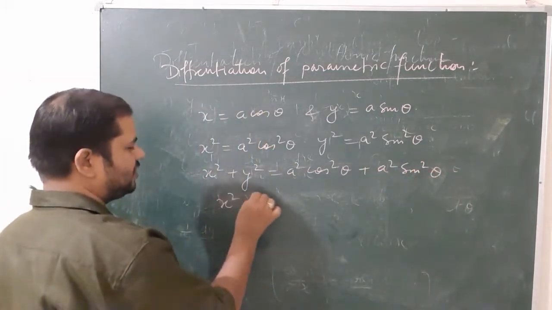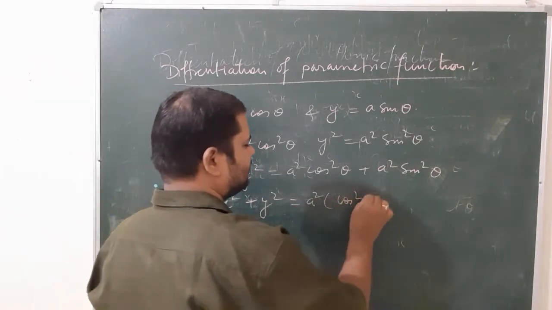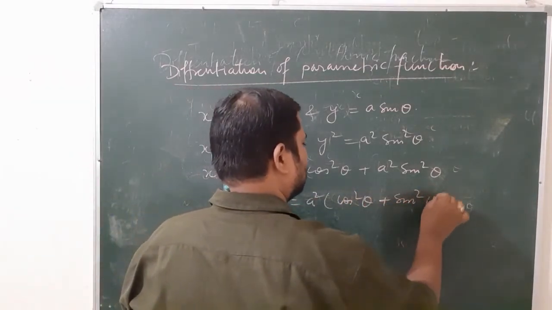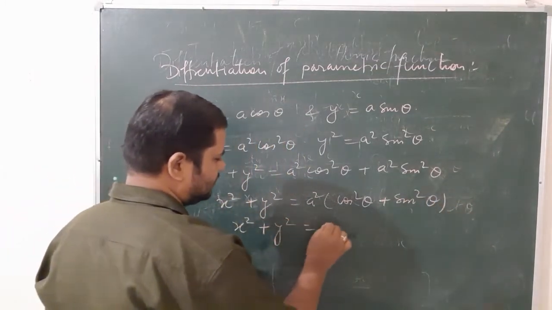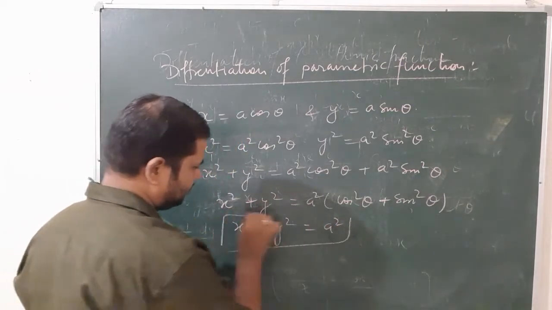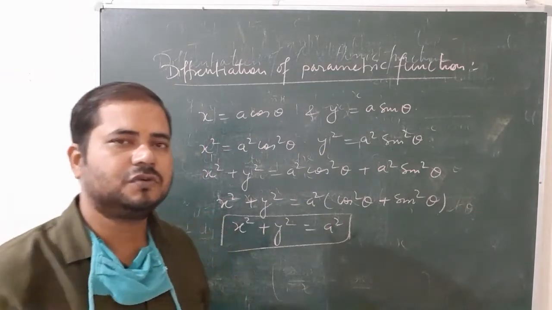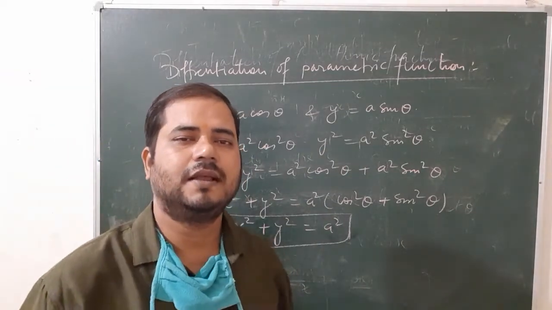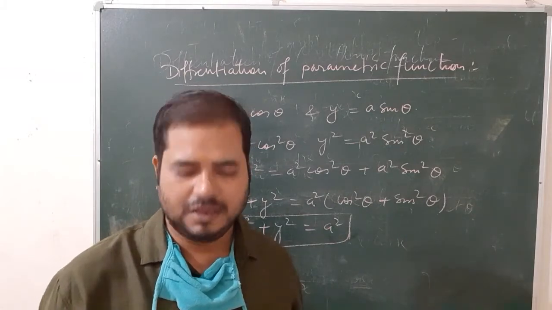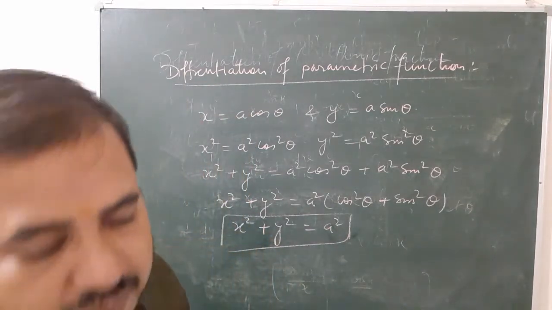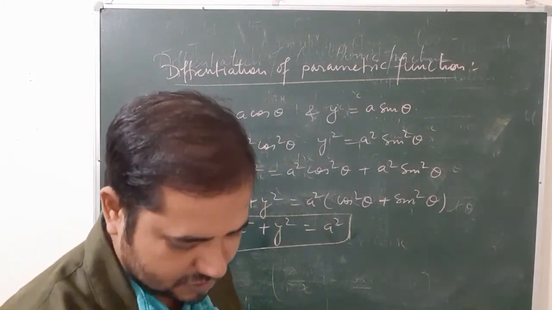So this is nothing but x square plus y square is equal to a square times cos square theta plus sin square theta, and this is x square plus y square is equal to a square. This is the equation of circle. Since this parametric form gives you the equation of circle, that's why this is the parametric equation of circle. Similarly, we get parametric equations of parabola, hyperbola, etc.